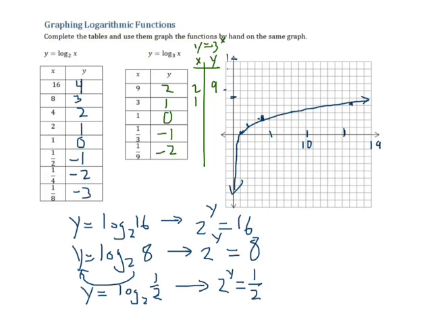And when x is 1, 3 to the first is 3. When x is 0, 3 to the 0 is 1. When x is negative 1, 3 to the negative 1 is 1/3. When x is negative 2, we get 3 to the negative 2 is 1/9. So we're just taking this table here and flipping these around because the logarithm is the inverse. So these are nice and neat, and these are the powers that we get.